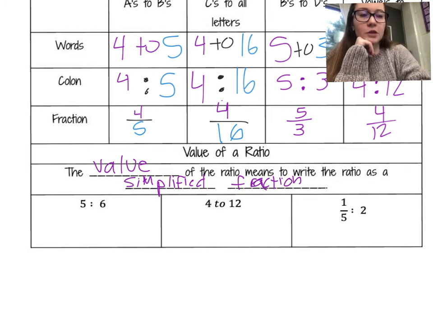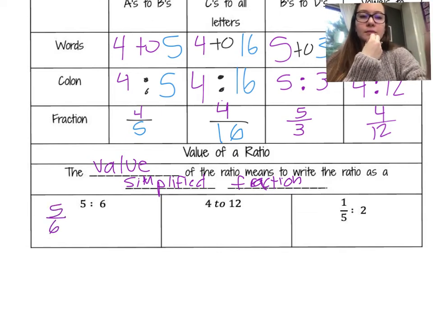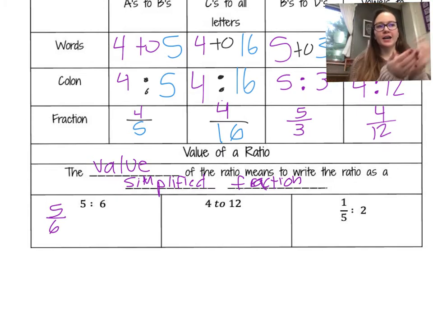Okay, there we go. So we just write it as a fraction like we did before. Okay, so the first number goes on top. So 5 to 6 would become 5/6.